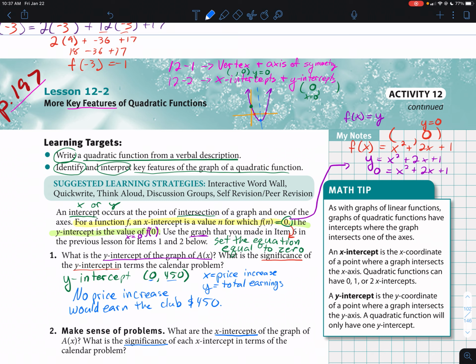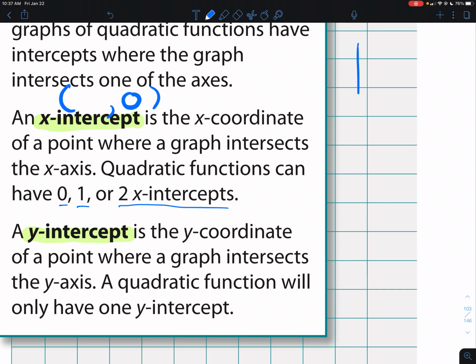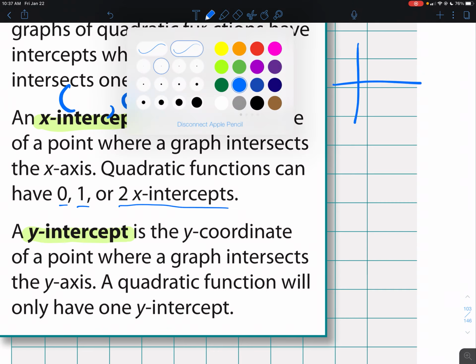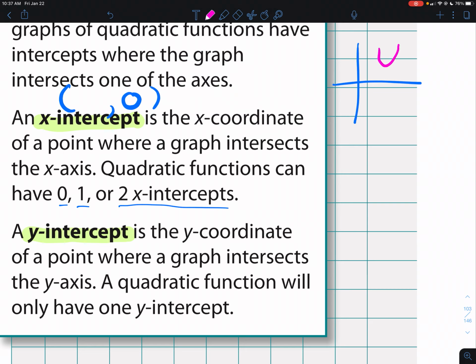x-intercepts all have 0 as their y value. Okay, a graph can have 0, 1, or 2 x-intercepts. So basically, here's your x and y axis, you can have a graph that has no x-intercepts. You could do like that.